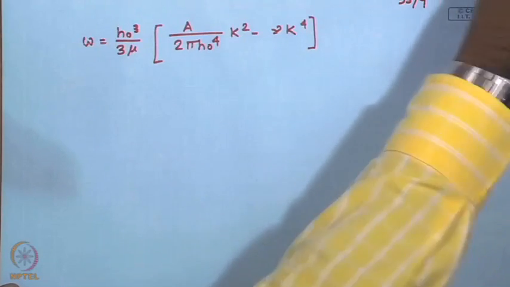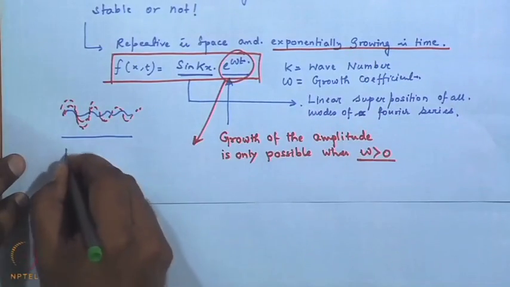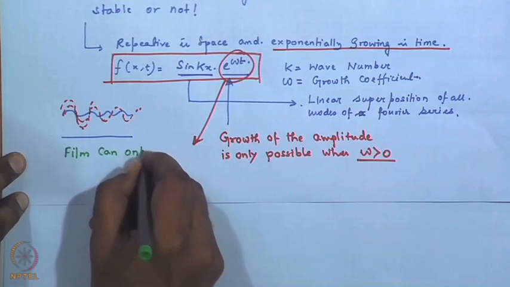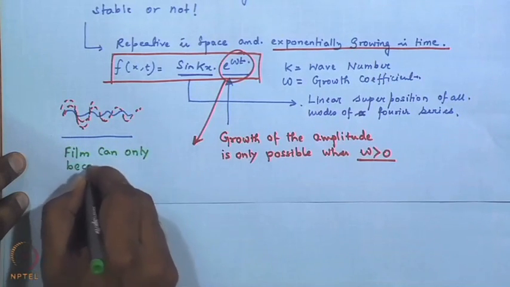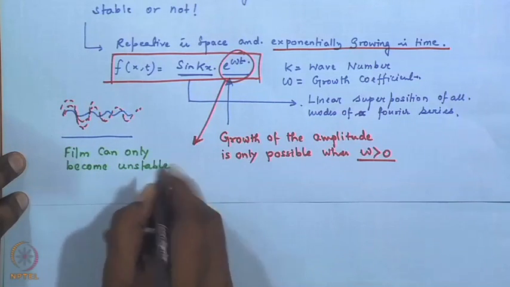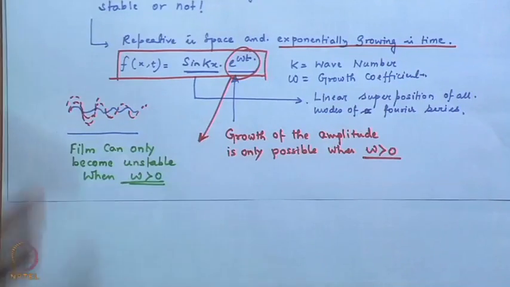Based on the concept we discussed here, the film can only become unstable when omega is greater than 0.